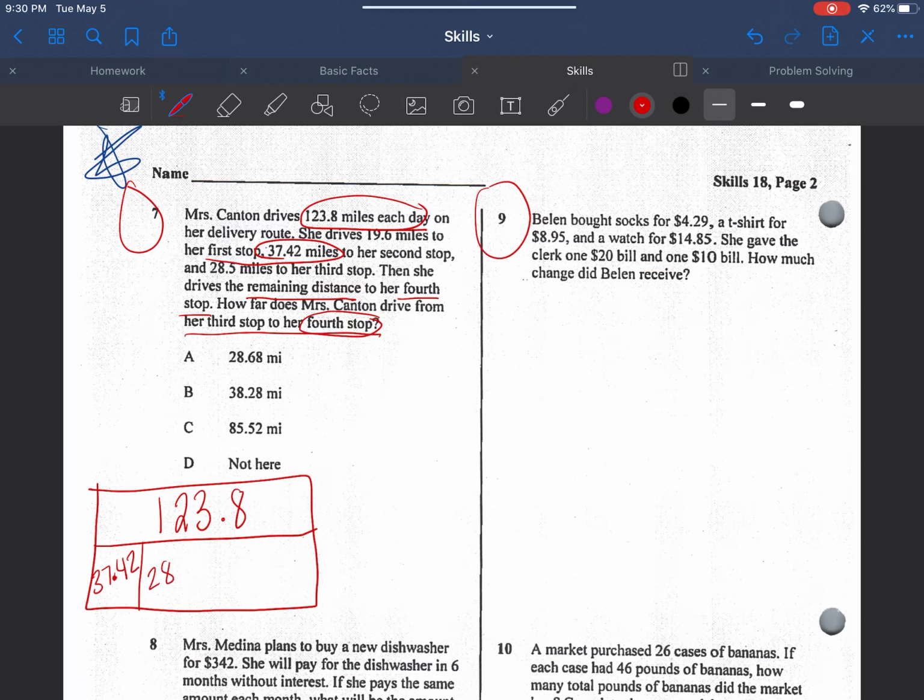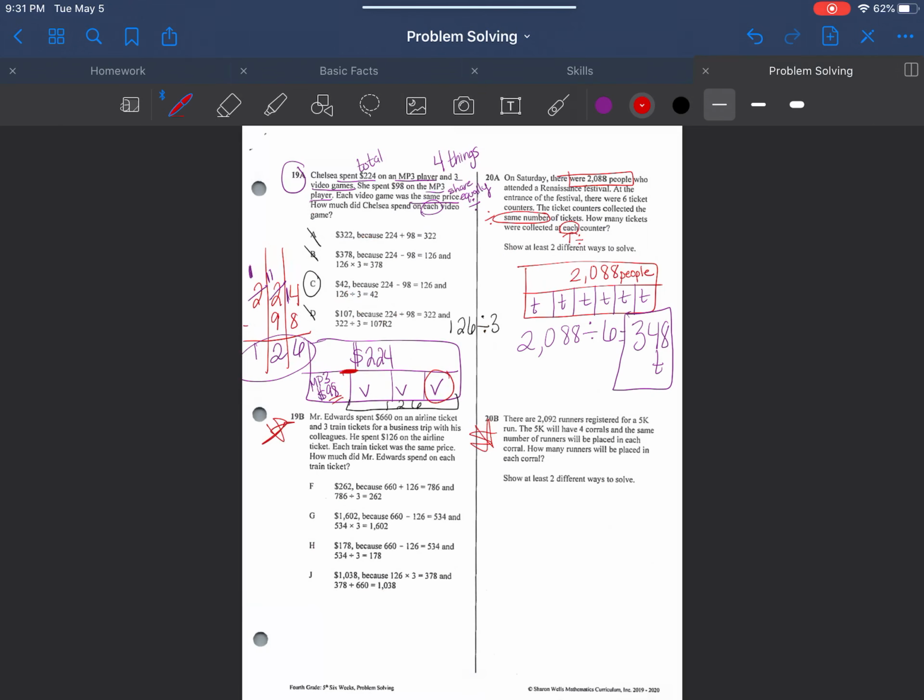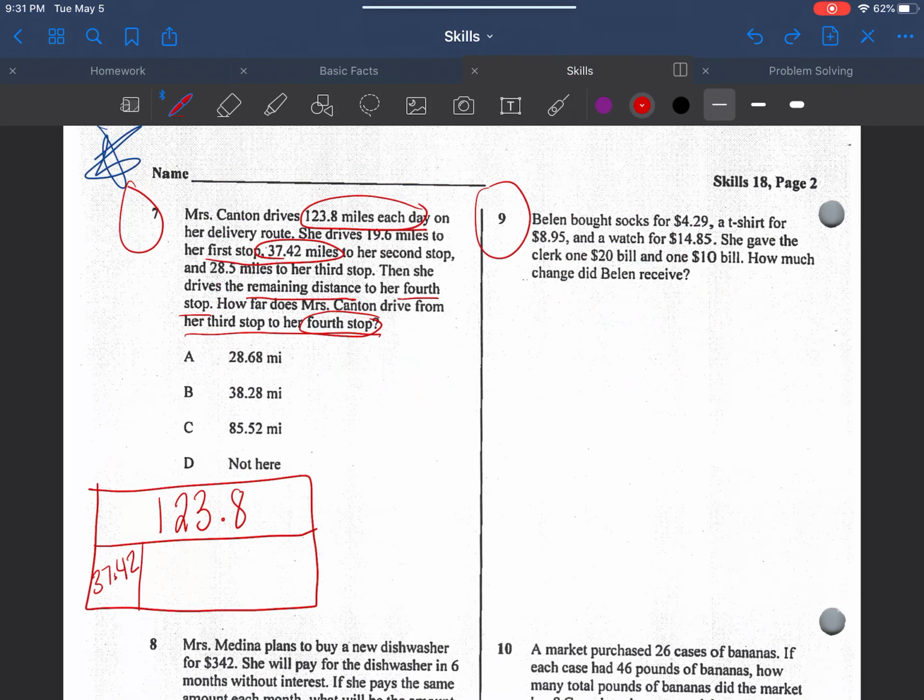So on her first stop, she does 37.42. Her second stop is 28.5. Her third stop is going to be, I think I did this wrong. Yes, I did the numbers incorrectly. Sorry. Ooh, I went back too far. There.